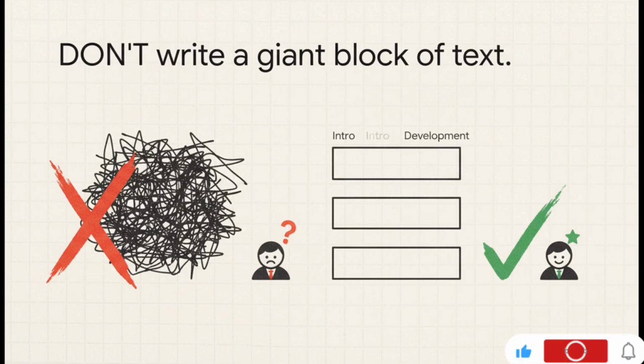Well, this is where you earn it. An article that's just one giant wall of text is basically impossible to read, and it just screams lack of structure. Use that simple intro, development, conclusion paragraph model we talked about. It makes your article so much clearer and easier for the examiner to follow and give you marks for.